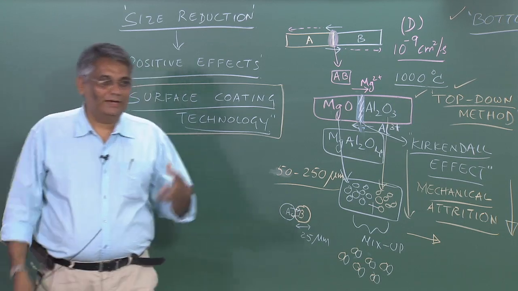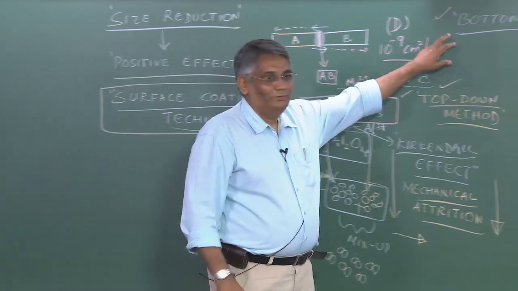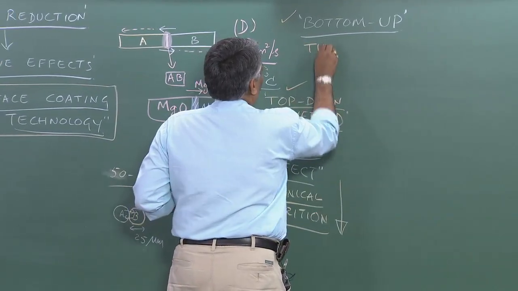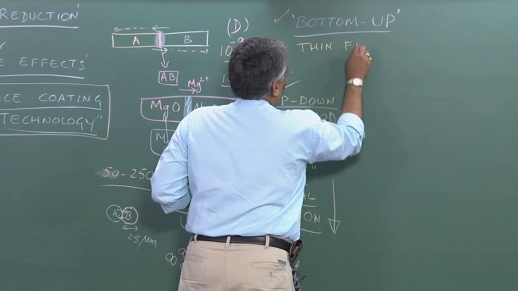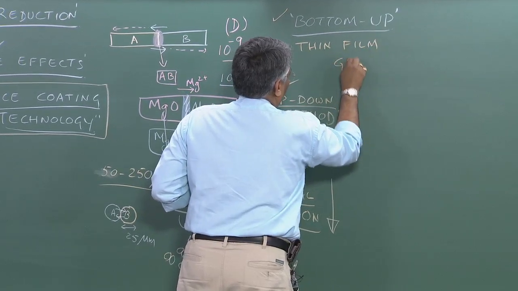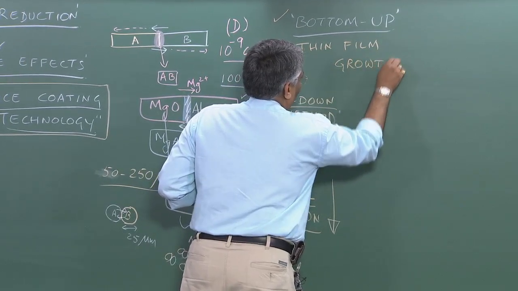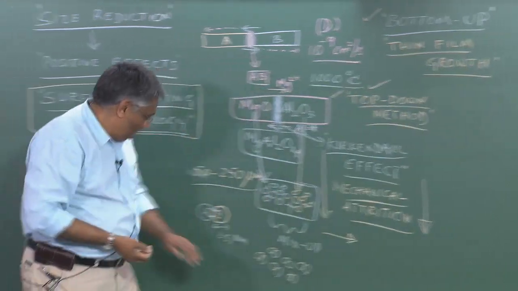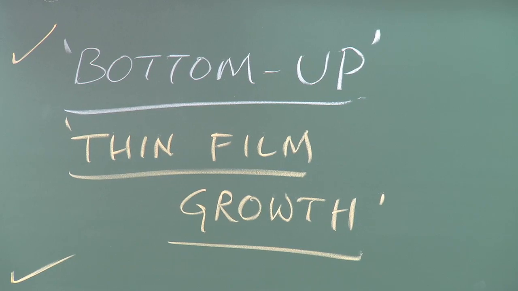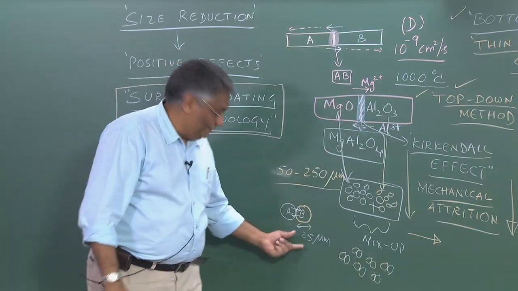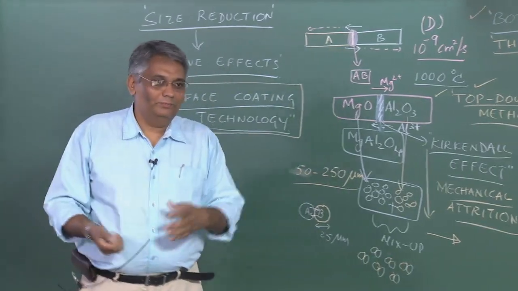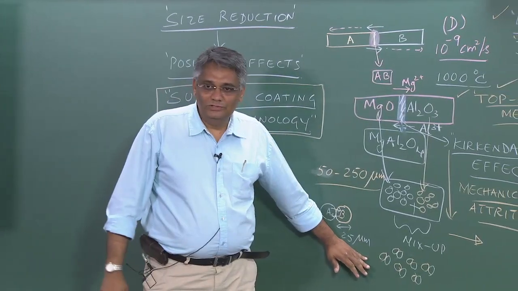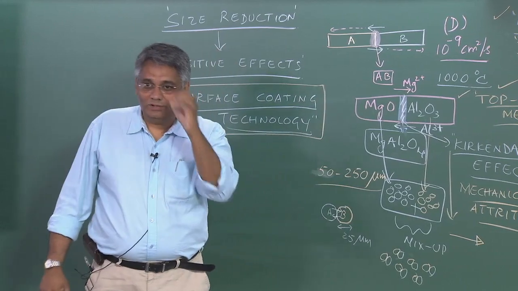Atomization is a process that happens in thin film growth, the bottom-up approach. So the process of thin film growth involves breaking up of the solid state material into individual atoms or even smaller clusters.